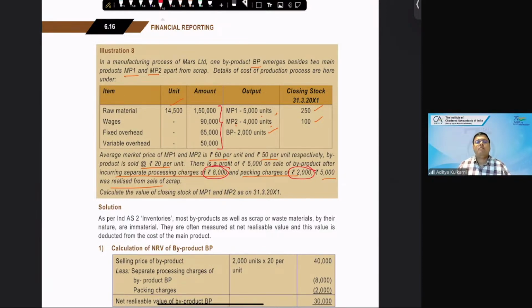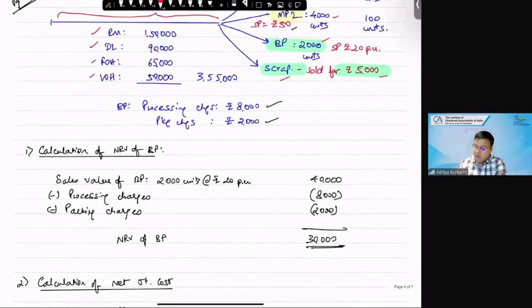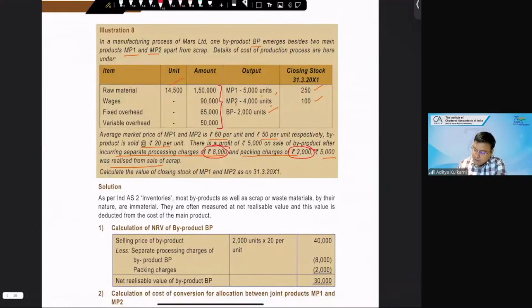Scrap comes out of any and every manufacturing process. So about scrap, you always have to treat it as immaterial. The byproduct which is coming out, they have not mentioned anything. This is just pointing out to the fact that these are the 3 categories of products we are having right now.